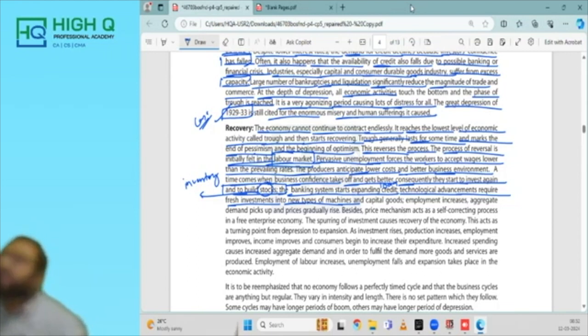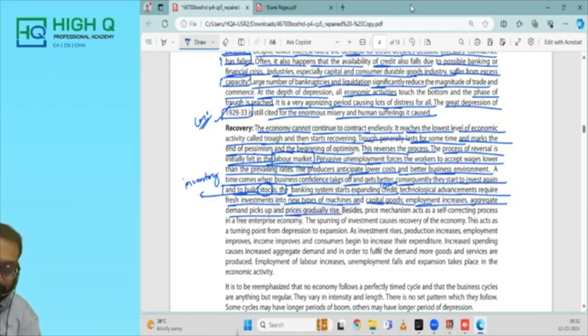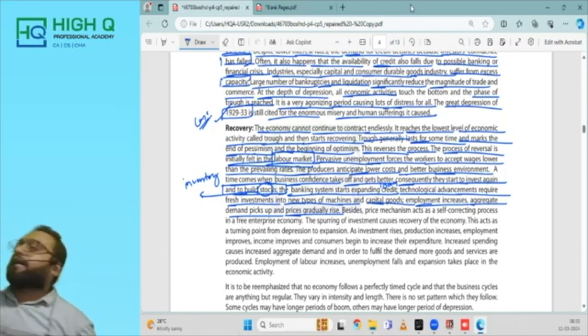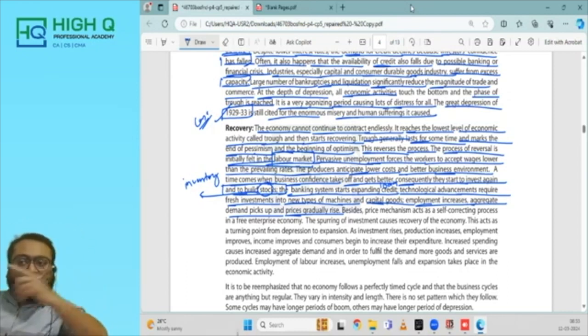And capital goods, employment increase, aggregate demand picks up, and prices gradually rise. Yes or no? Why will price rise? Demand. Demand will start. Prices will start growing up. From trough to recovery, have you understood?